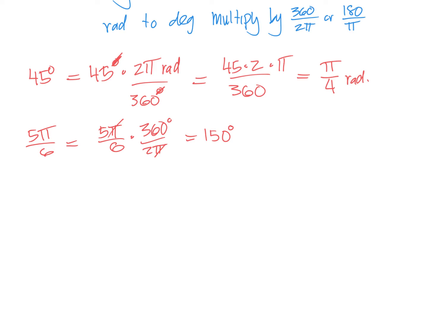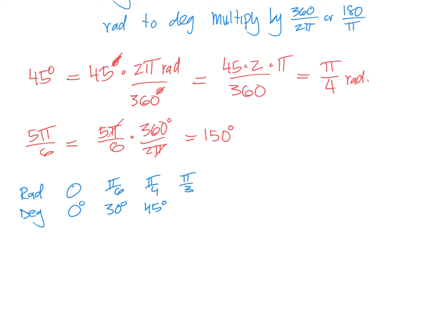Here are some useful angles that we'll be using throughout this course for both radians and degrees. 0 radians is 0 degrees. Pi over 6 radians is 30 degrees. Pi over 4 radians gives us 45 degrees.